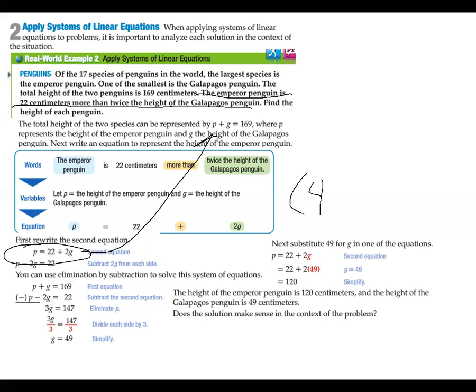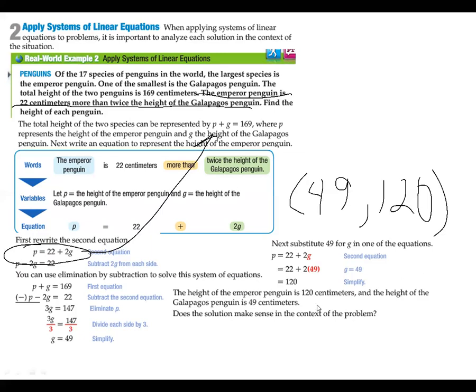So 49 comma 120. Now those are just bald numbers. But what does it mean in the context of the problem? That means that the emperor penguin is 120 centimeters and the height of the Galapagos penguin is 49 centimeters. Does that make sense in the problem? Well, yeah, it makes sense.